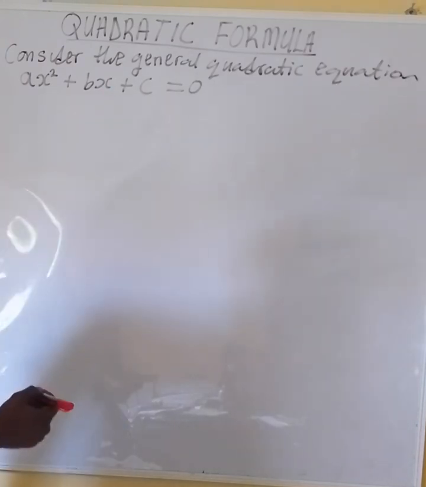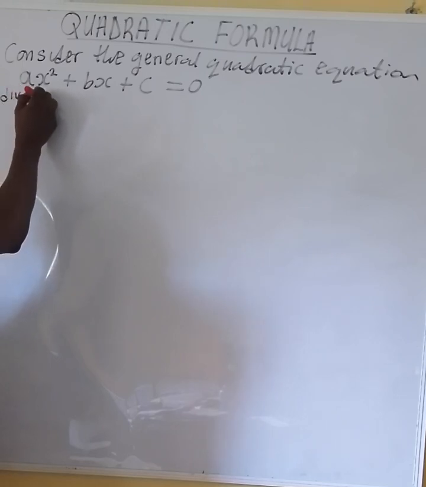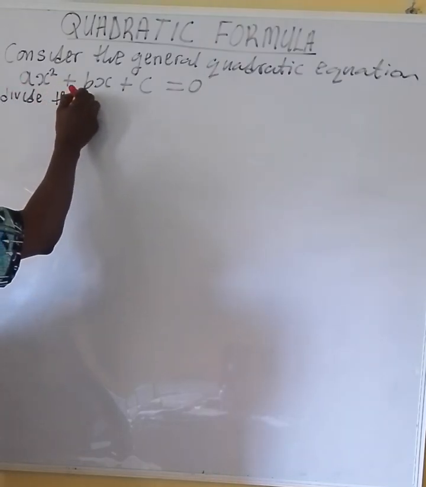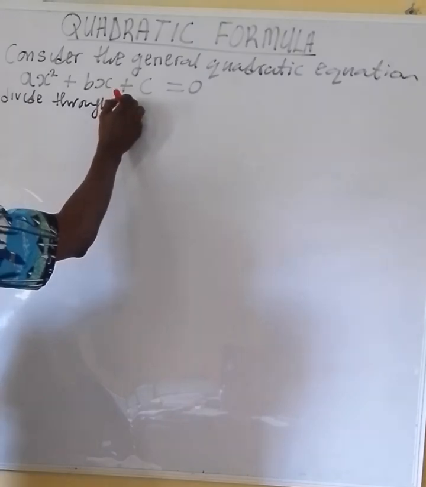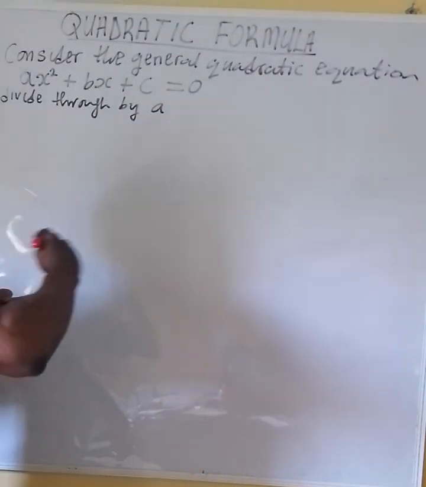So now the first thing we are going to do is eliminate the coefficient of x squared by dividing through by a. So we are going to divide all through by a.